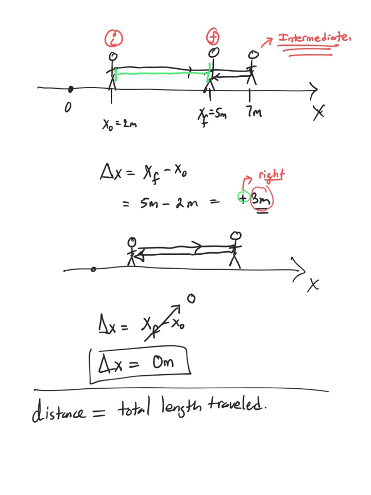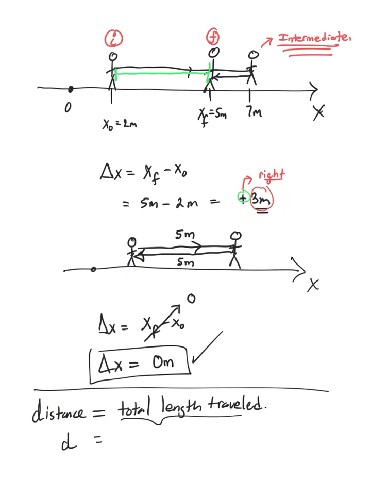So let's suppose in the previous example here, let's say the person moved 5 meters to the right and then 5 meters to the left. So they ended up exactly where they started. So remember, the displacement was 0, but the distance d, let's call it, is not 0. So the distance would be the total length traveled.